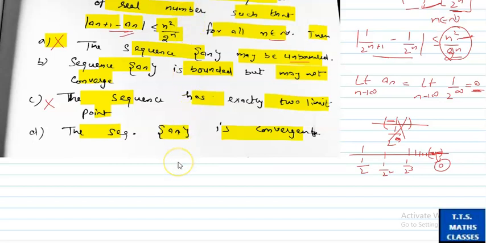Now the sequence has one limit point, and the sequence 1 upon 2 to the n is clearly monotonically decreasing.